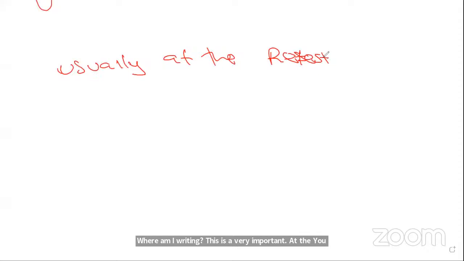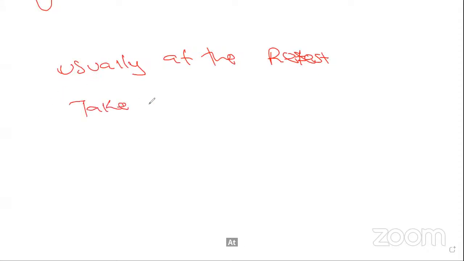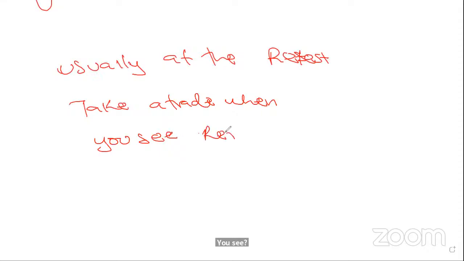Usually, at the latest, take a trade when you see rejection of the zone.